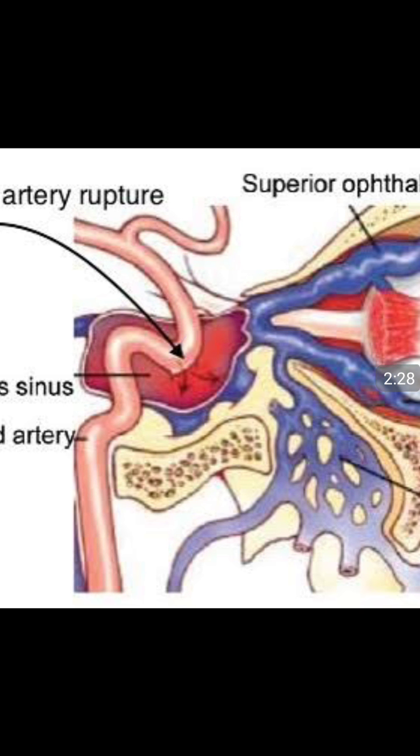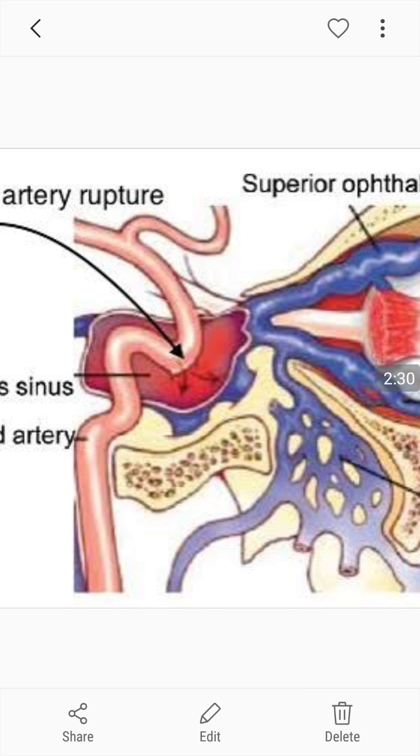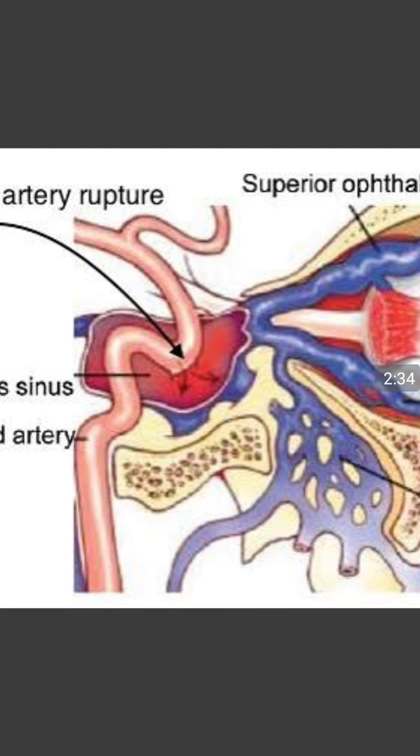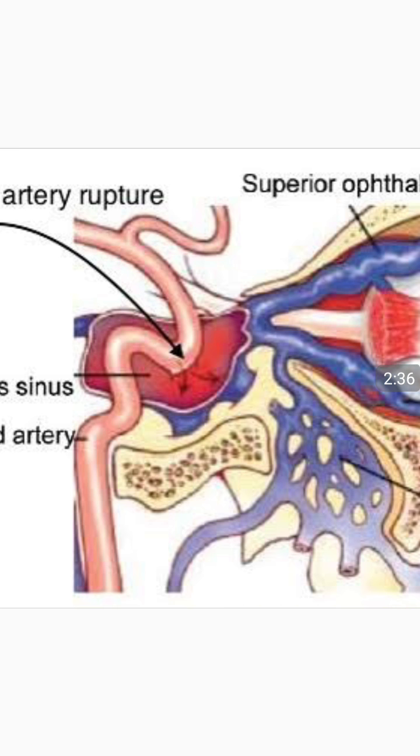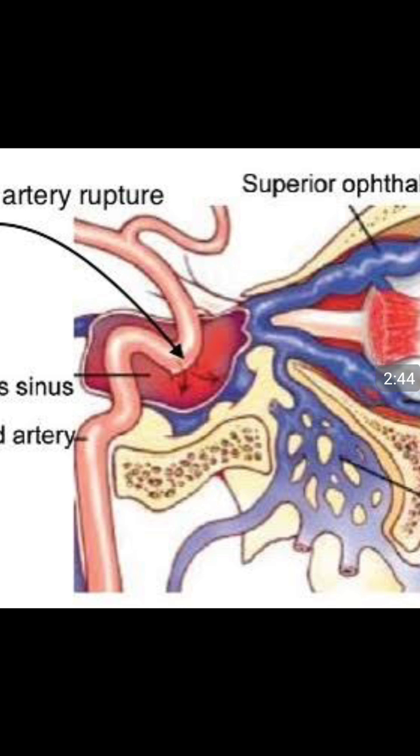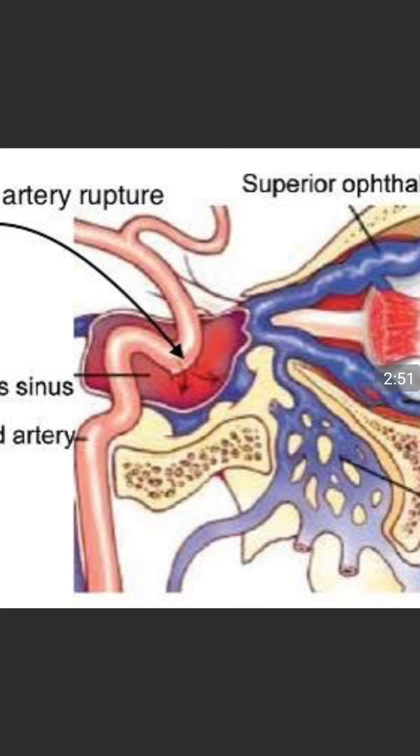You just look at these two small arrows, which denote that an abnormal communication has developed between the epithelial surfaces of the internal carotid artery and cavernous sinus. It could be post-traumatic or due to rupture of an aneurysm, most likely a Berry aneurysm. So abnormal communication has developed.